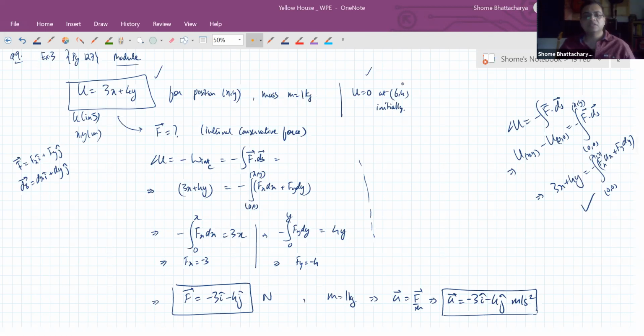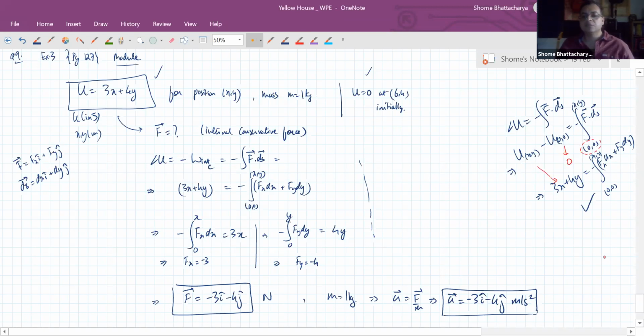Now, if we take (6, 4), then we have to take some initial value of potential energy, which is different. We can solve the question that way also, but then, instead of (0, 0), if we take (6, 4) as the initial position for solving the force part, there will be some initial value of potential energy also. See here what is happening: because we have taken the initial point as 0, the initial potential energy is 0 and this is the final potential energy.